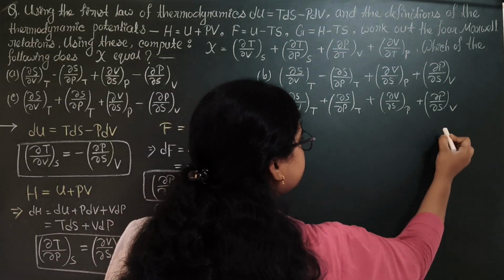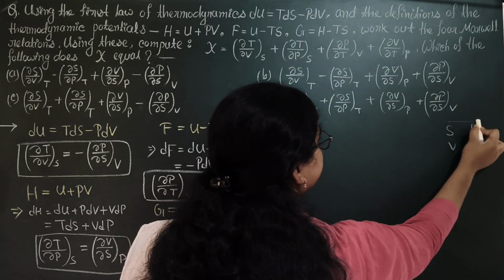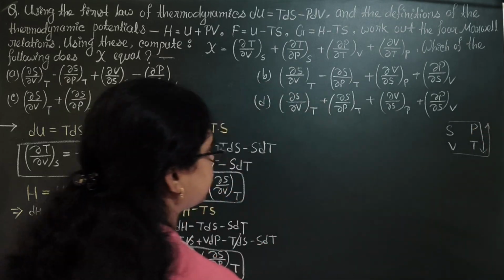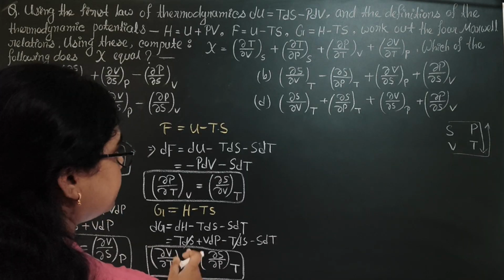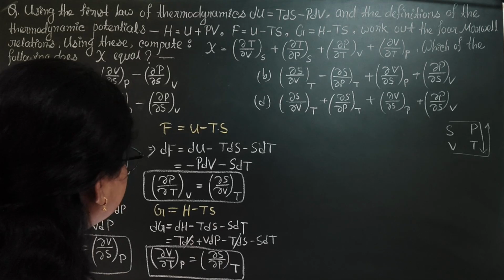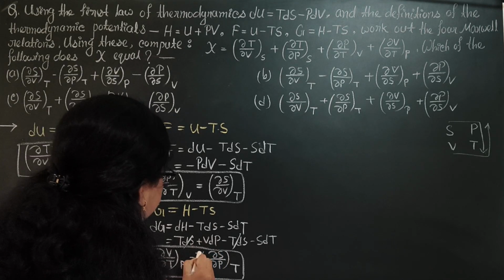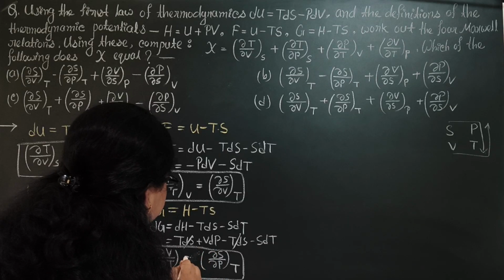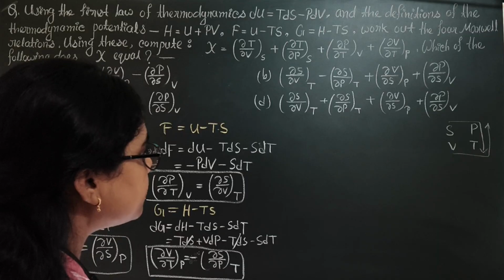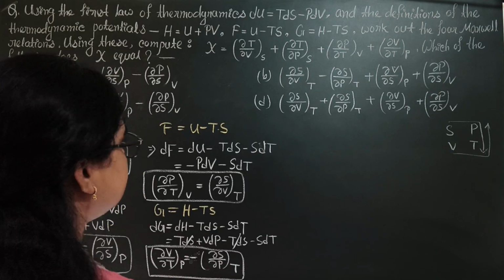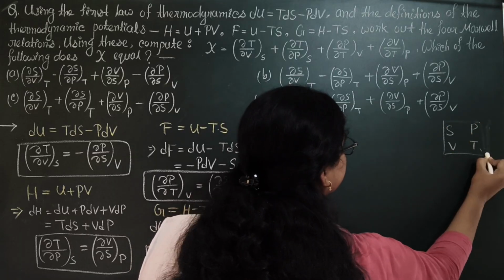You can also check this. This is the first Maxwell equation, del S del P at constant T. Here it will be a minus sign: del S del P at constant T equals minus del V del T at constant P. And you can check the other equations as well.